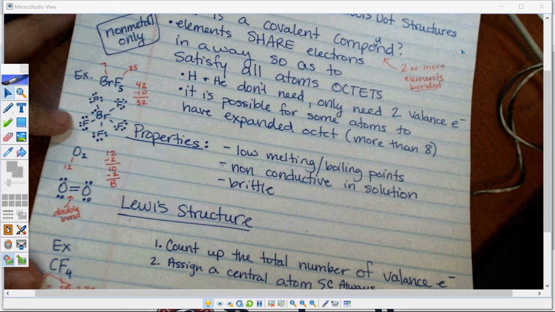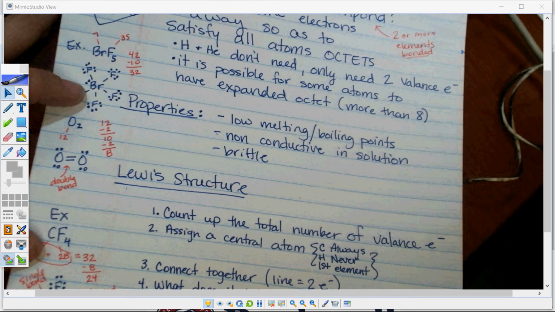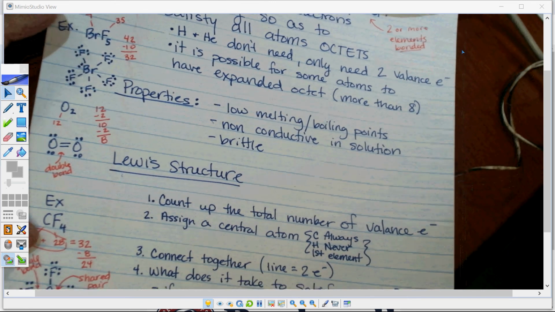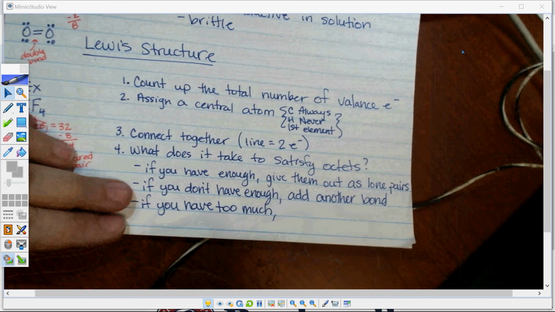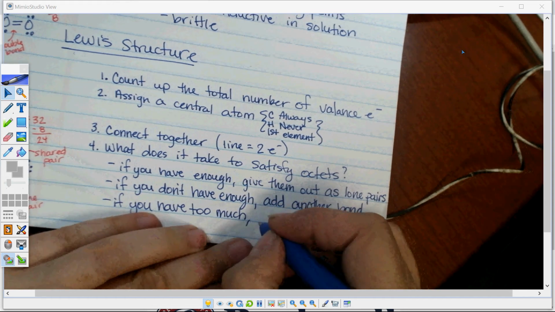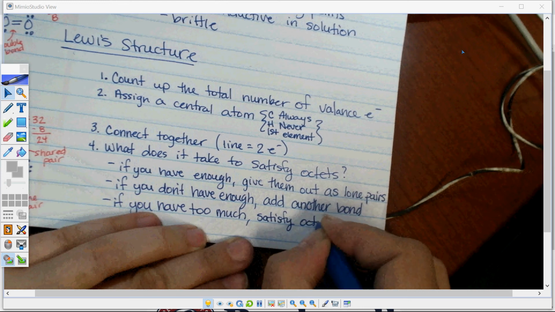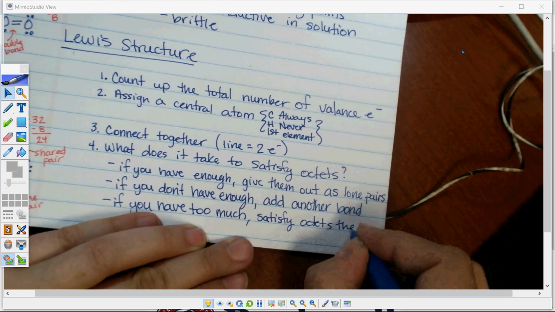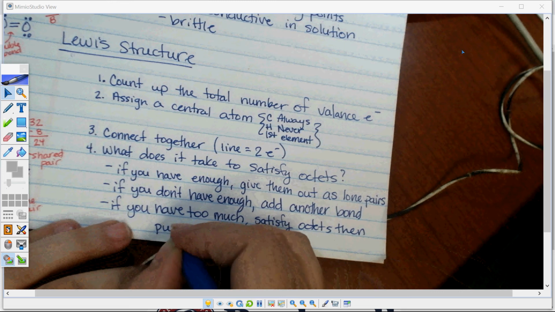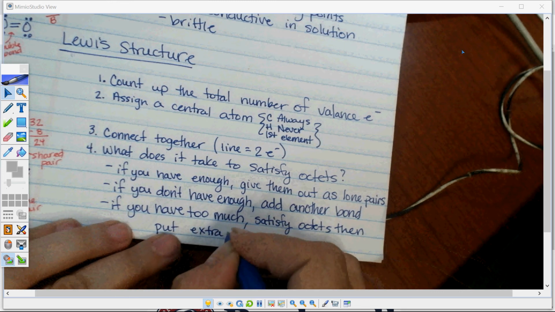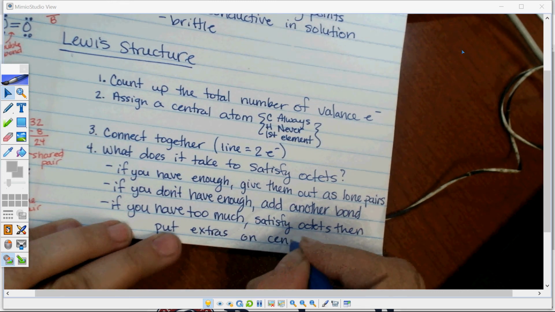And it doesn't matter where you put them as long as you put them as a group of 2, because electrons always go in pairs. So if you have too much, you satisfy octets, then put the extras on central atom.